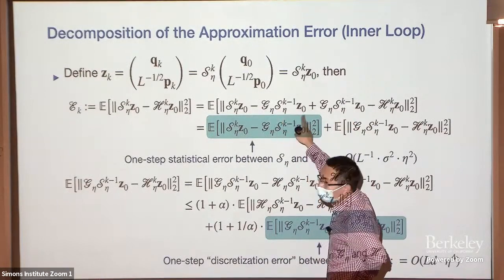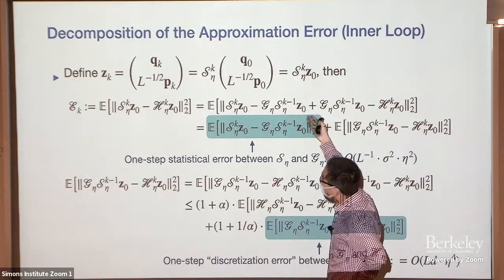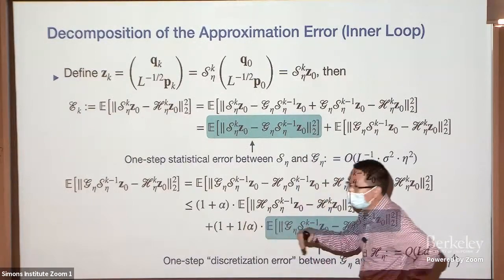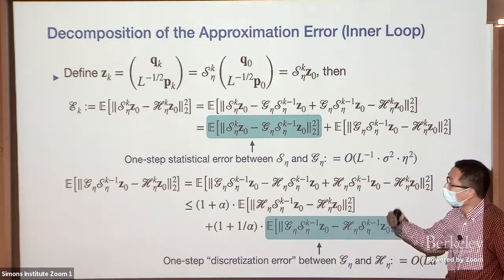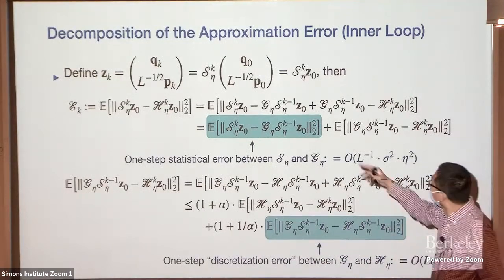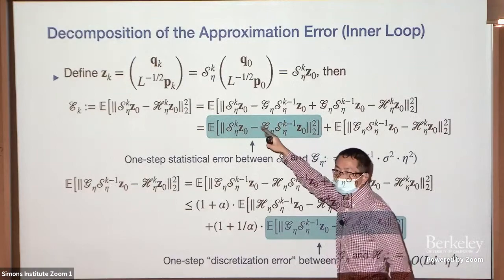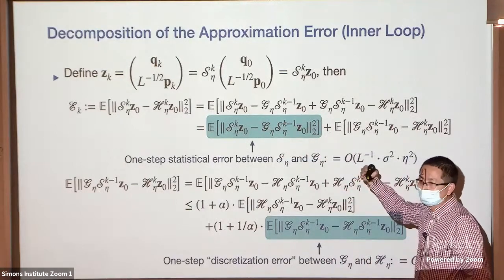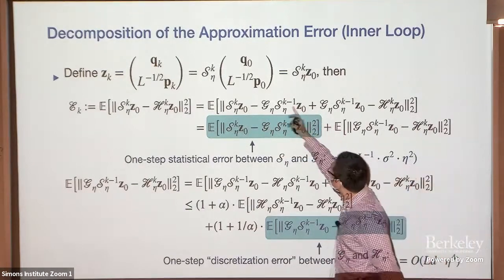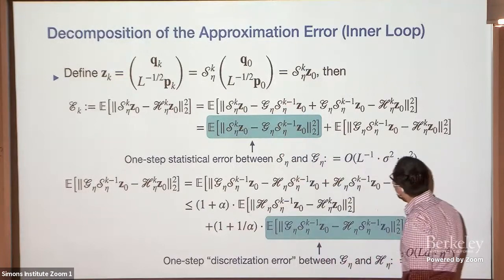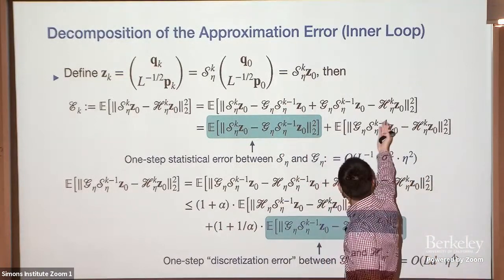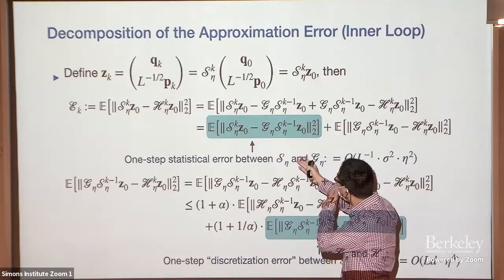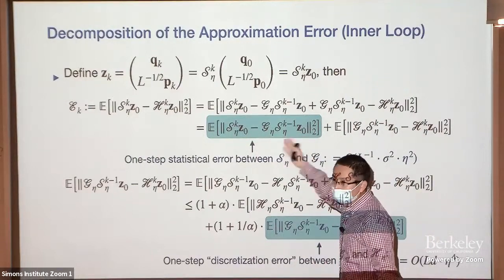So this quantity is, starting from z_0, you run K minus 1 steps of HMC with stochastic gradient update, followed by another HMC update, but using the conditional expected gradient. So this is the meaning of this quantity. And based on conditional independence, this norm square expectation equals the summation of these two terms.